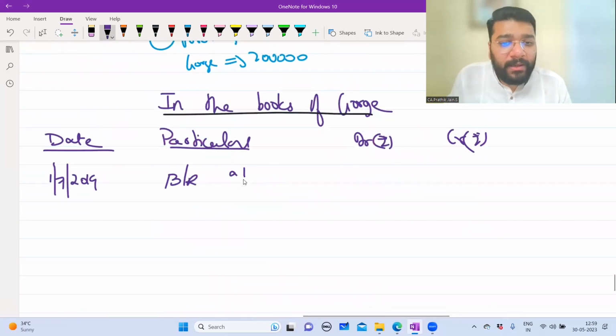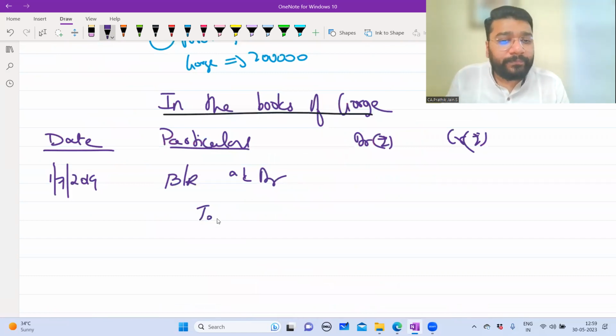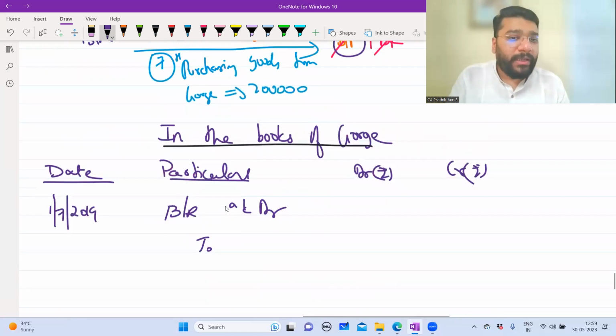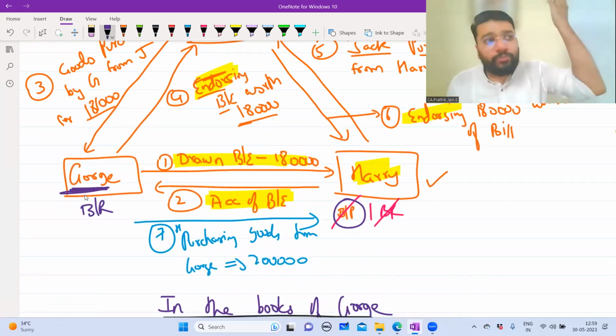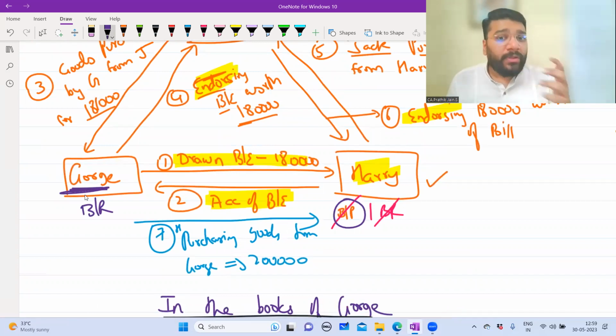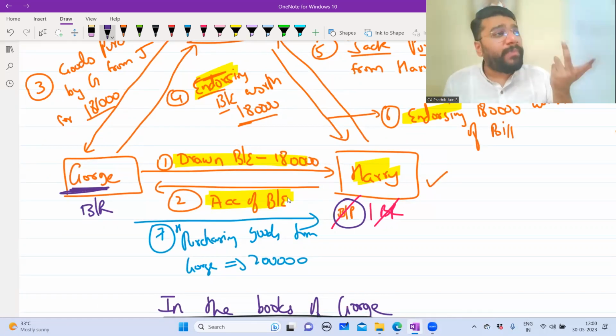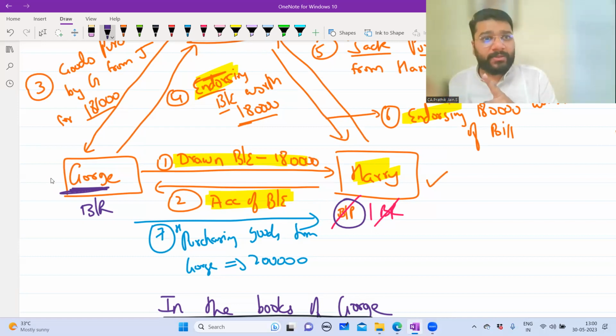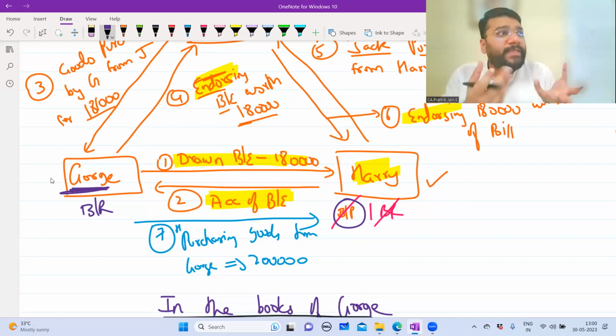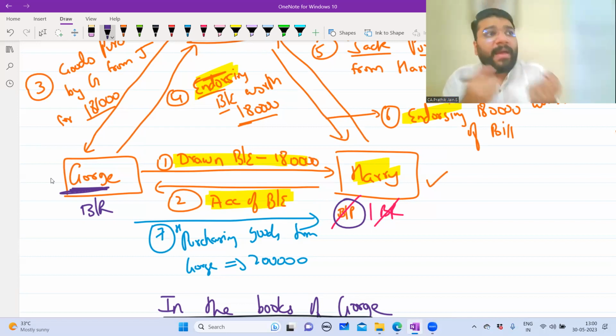Bills receivable account debit to, and this money, guys, whatever we are receiving, bills receivable from Harry. So in future, Harry has to pay to somebody. Now, why will Harry pay to somebody in future? Here, guys, this is an accommodation question where Gorgi has drawn a bill on Harry so that Gorgi can enjoy some money and give it back to Harry.